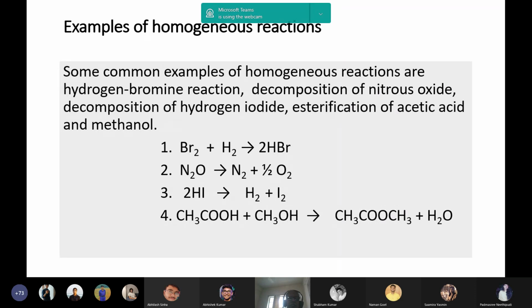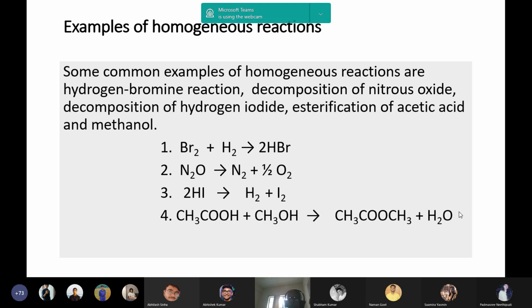As it is homogeneous reactions entirely in my section, I will introduce some reactions which are homogeneous type. Gas phase reactions: bromine-hydrogen reaction, nitrous oxide decomposition reaction, and decomposition of hydrogen iodide, and esterification reactions.